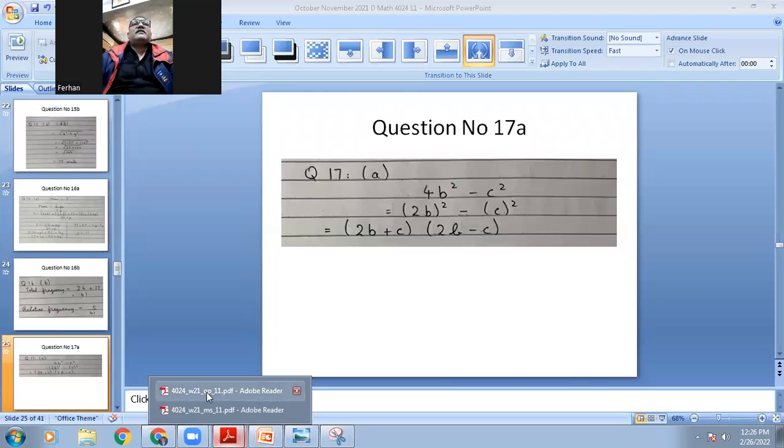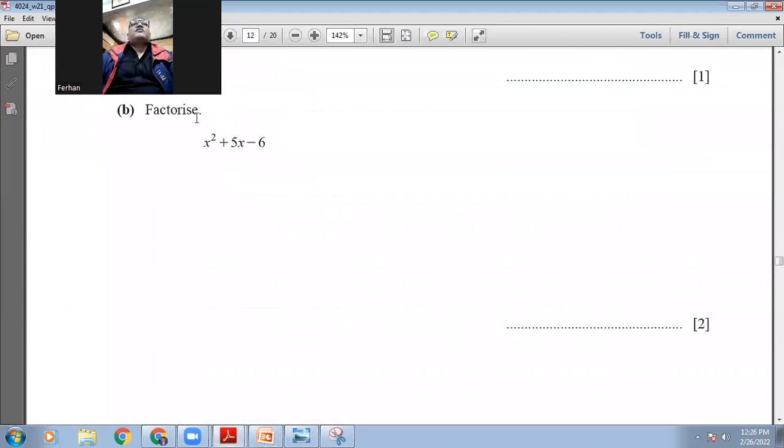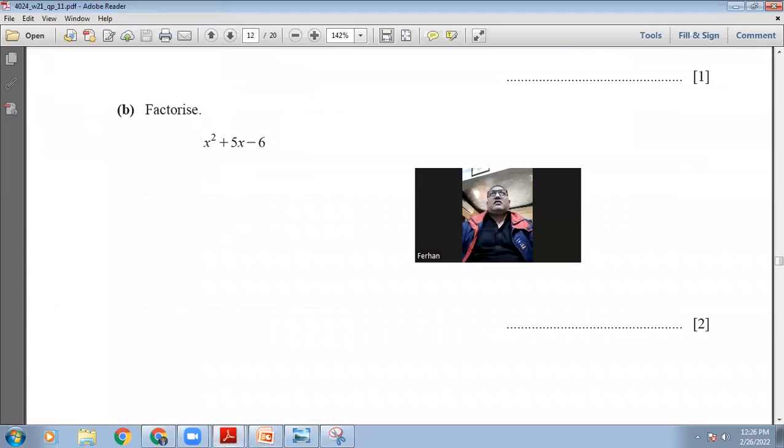He says the next part here is the two marks of factorization: x squared plus 5x minus 6. So here you have to do the middle term breaking. You multiply the extreme terms, you get minus 6, and you have to write the pairs by multiplying which you get 6.